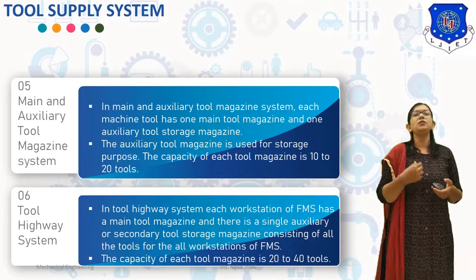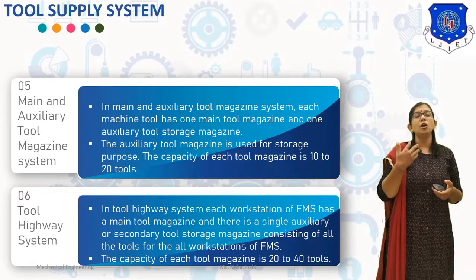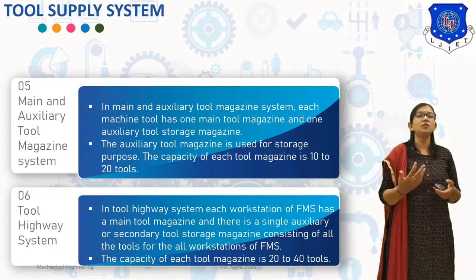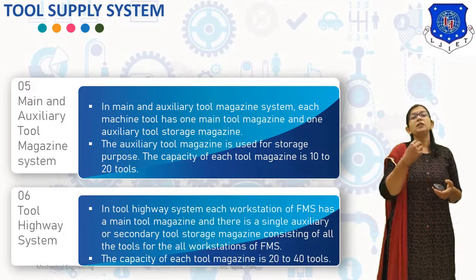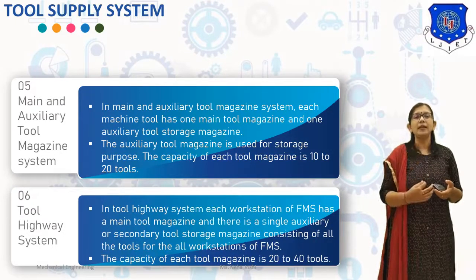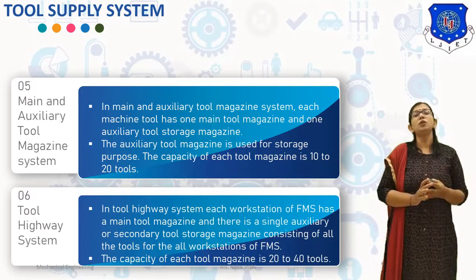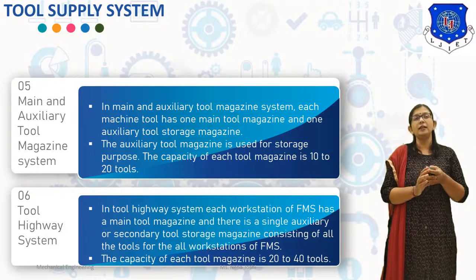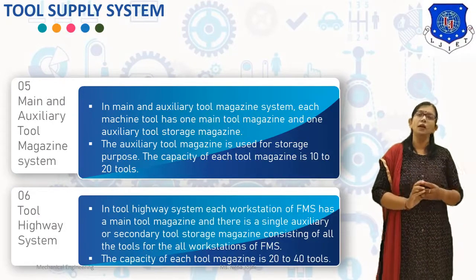The individual tool is transported from the central auxiliary or secondary tool storage magazine to the main tool magazine of the workstation by the tool changing robot, traveling along the tool highway. This is the most widely used tool supply system for the flexible manufacturing system. This system ensures uninterrupted manufacturing, and the capacity of each tool magazine is 20 to 40 tools.